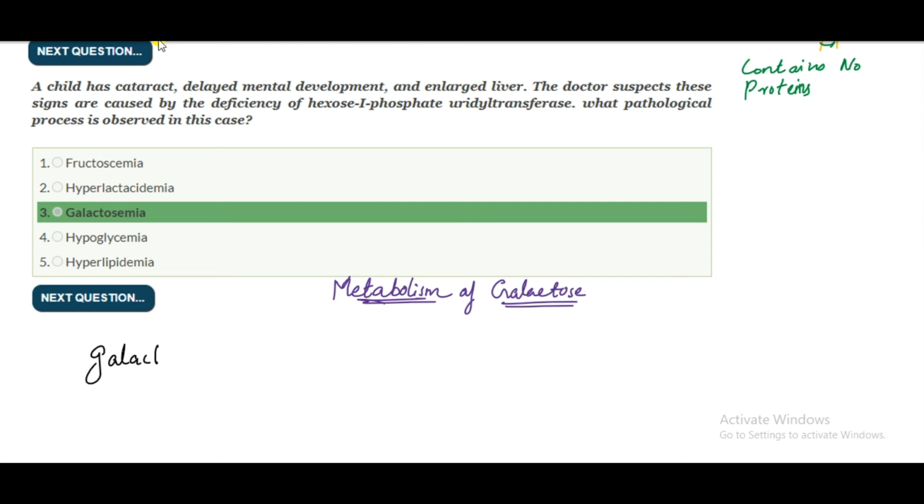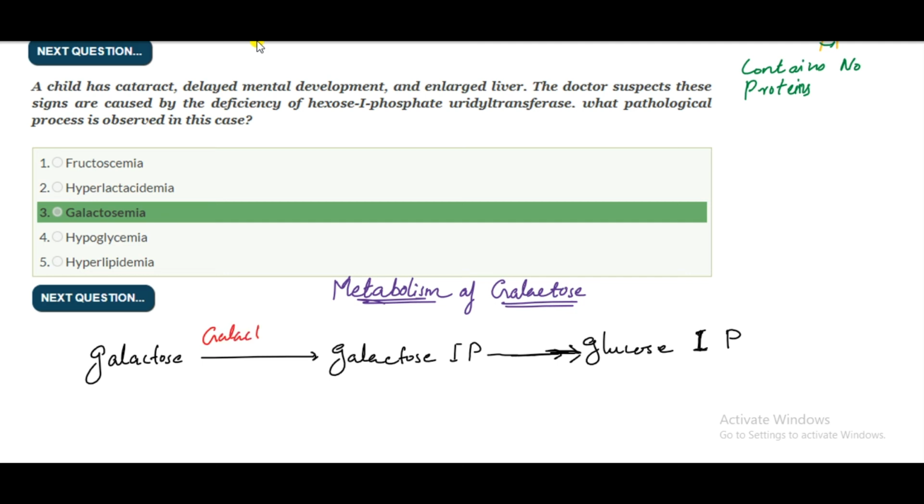The metabolism of galactose is very simple, and deficiency in this pathway can lead to galactosemia, which means that a high amount of galactose is present in the blood. Galactose is initially converted to galactose 1-phosphate. Then galactose 1-phosphate is converted to glucose 1-phosphate. That is the metabolism. Very simple, 2 steps.